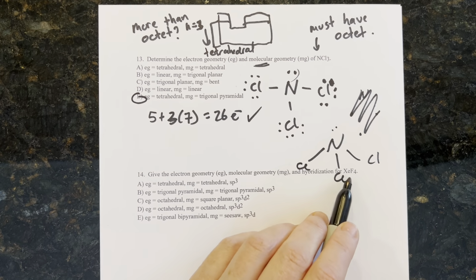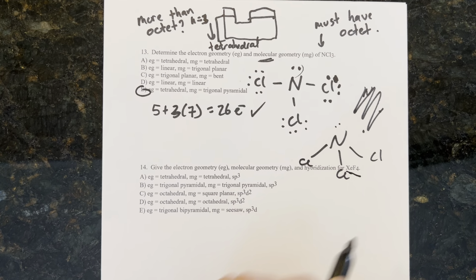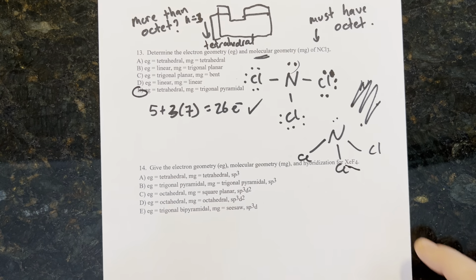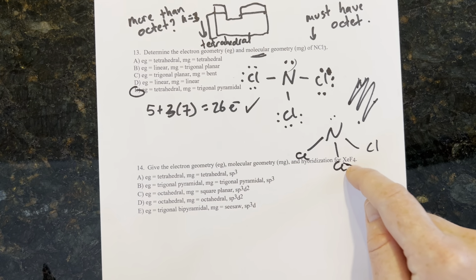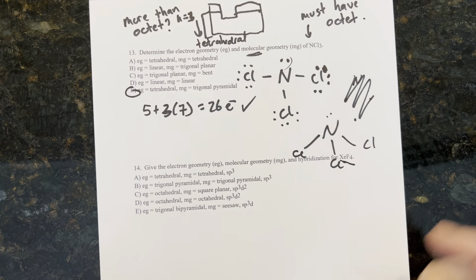All right, last but not least, this one. I did see a few people have some trouble with this one, but ask yourself: this is n equals 3 or greater, so we can go ahead and use the formal charge rules to build it. So let's do it. We have Xe, let's put 4 F's on it.